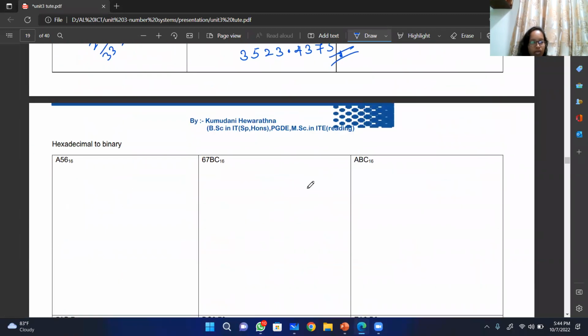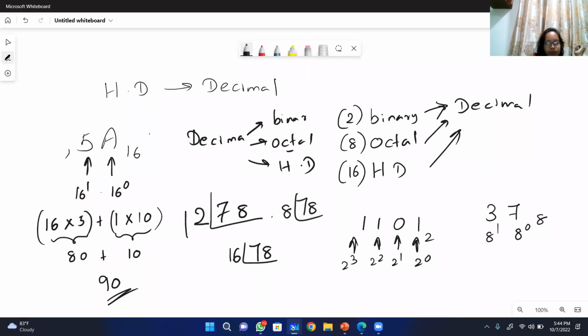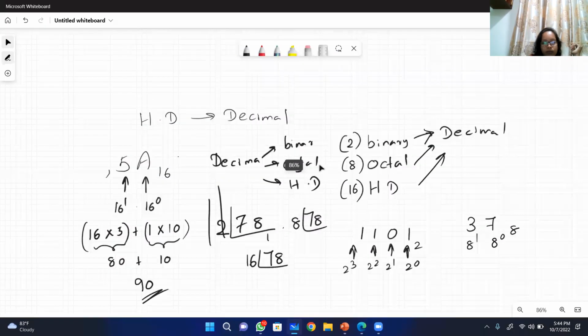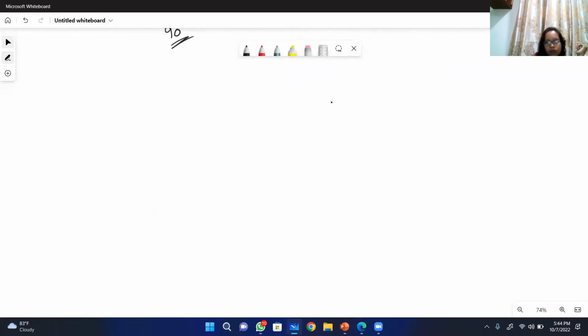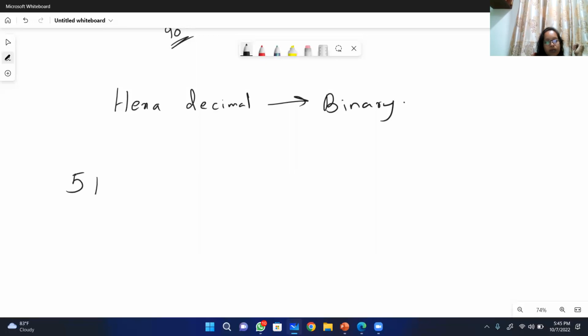Right, let's move on to the hexadecimal to binary part. Say for example 5B16 is the given hexadecimal number.